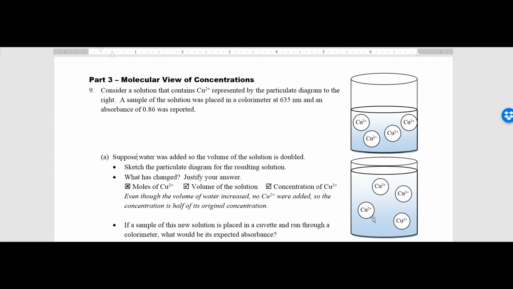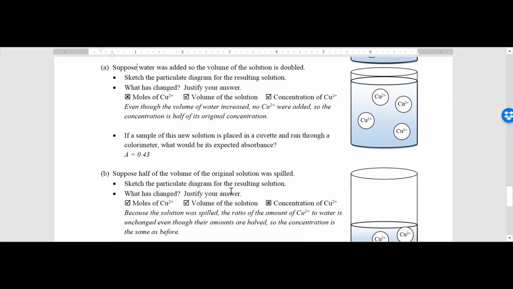Go ahead and write out the equation M equals moles over liters. If you increase the denominator, the liters, you get a smaller overall value, so it will decrease the molarity. So moles stayed the same, volume increased, and therefore concentration decreased.